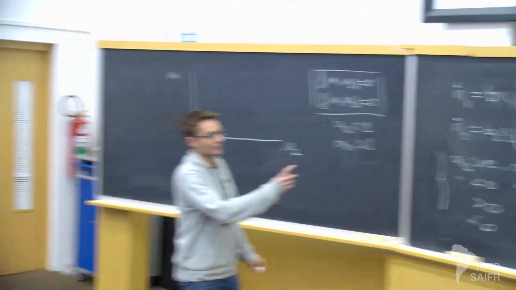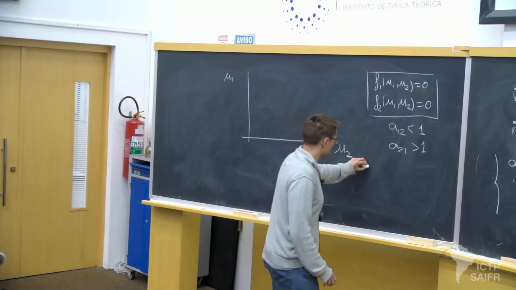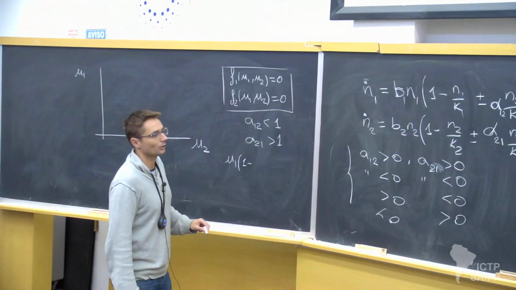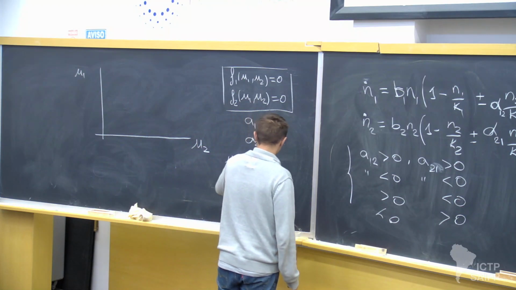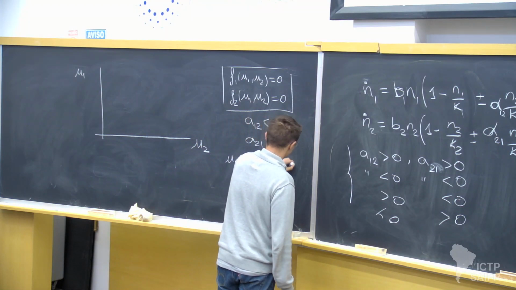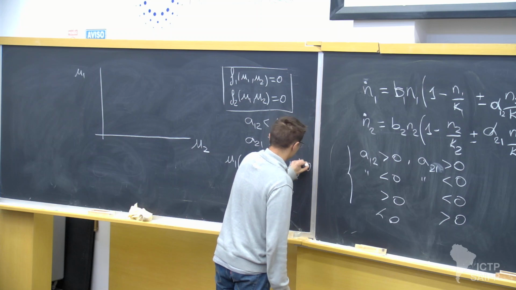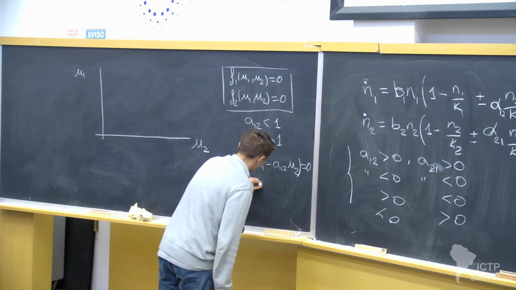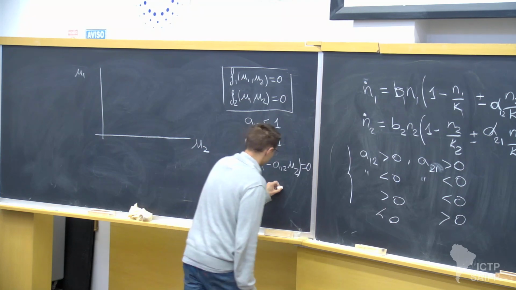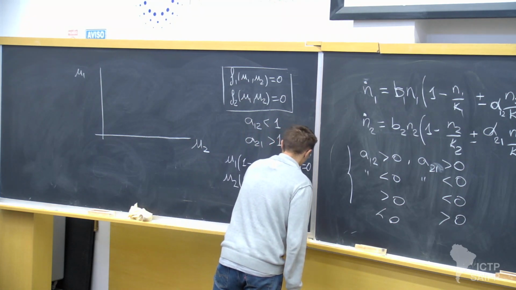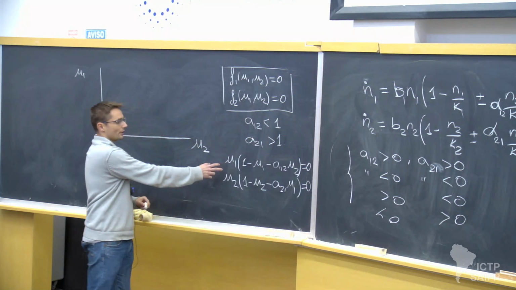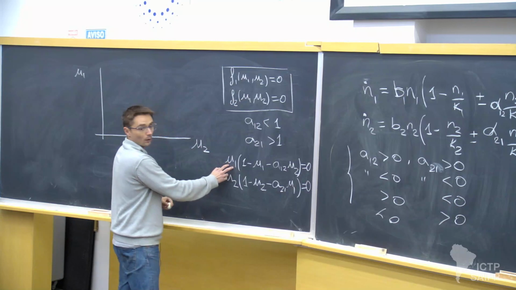So in this case, the nullclines are, so for U1, the first nullcline is going to be U1 equal to 0.